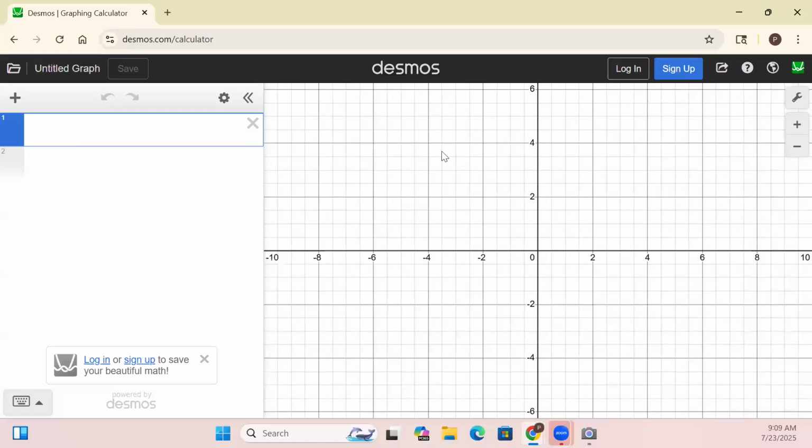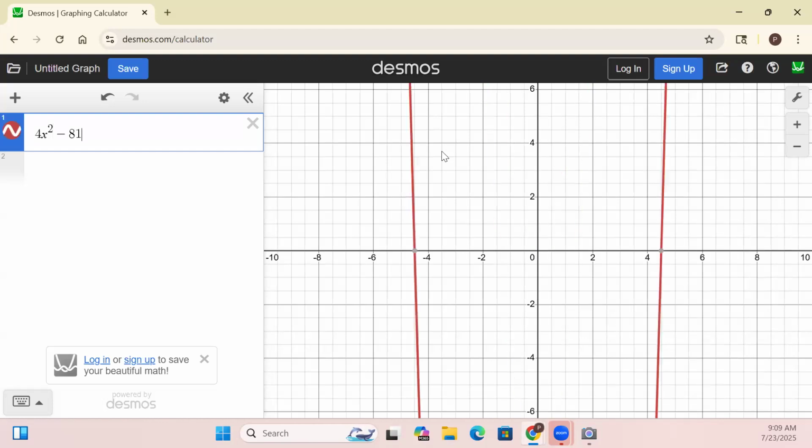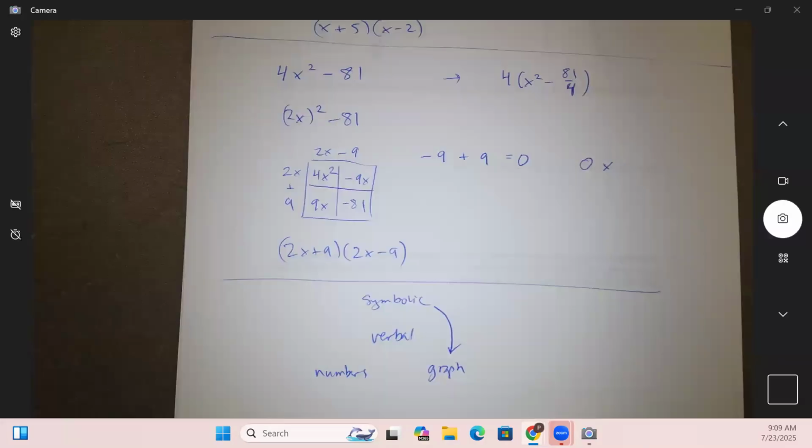So I'm going to take 4x squared minus 81, and notice that I have two places where that function touches the x-axis. And those are actually going to be the two x-intercepts, which tell me the factors. So before I do that for this one, I want to motivate it a little bit more.